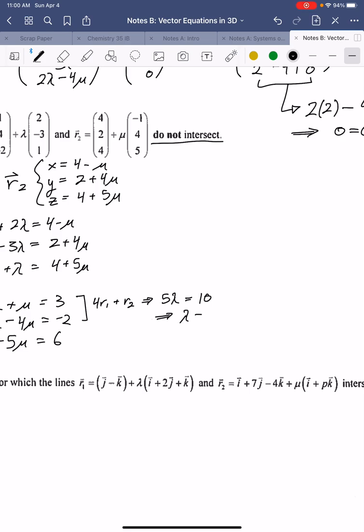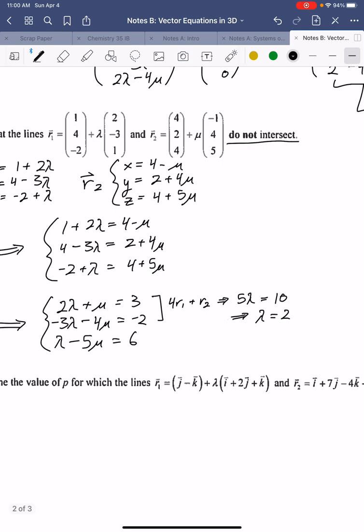And from that, lambda equals 2. And then plugging it into this equation, we have negative 4 mu equals 4, and then mu equals negative 1.